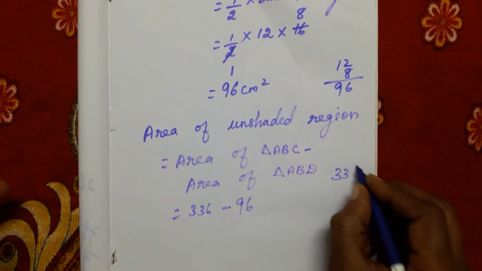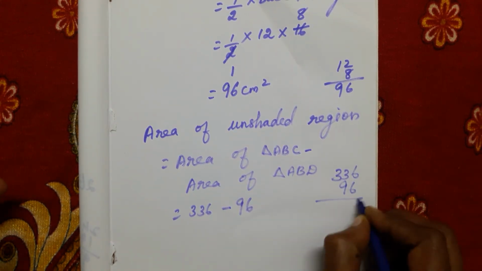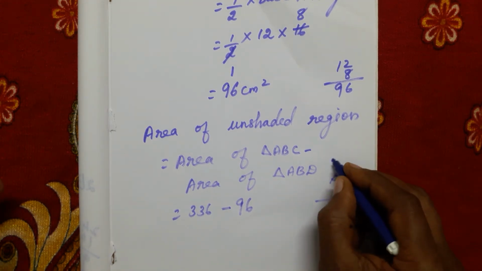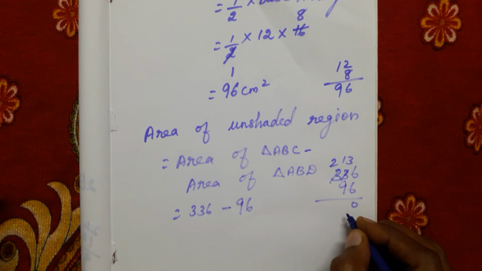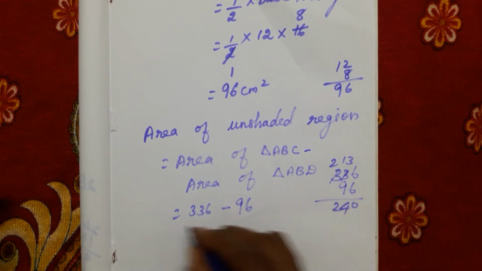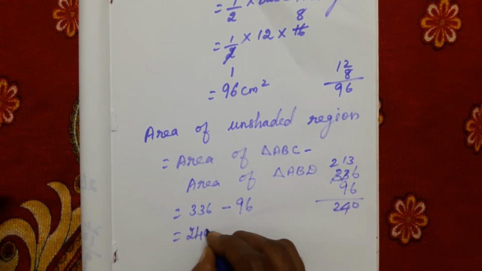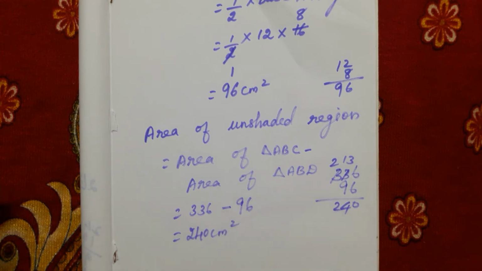When we subtract, we get 240 centimeters squared. So the area of the unshaded region is 240 centimeters squared.